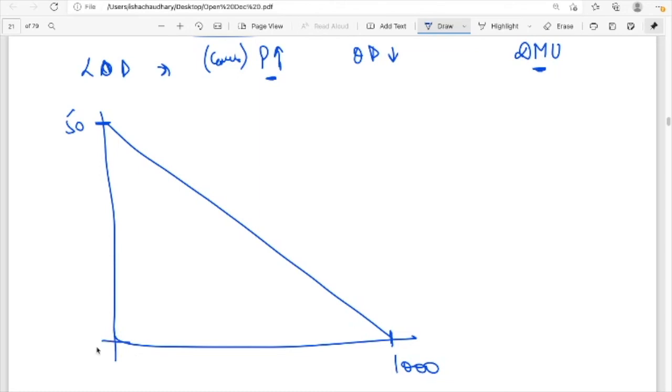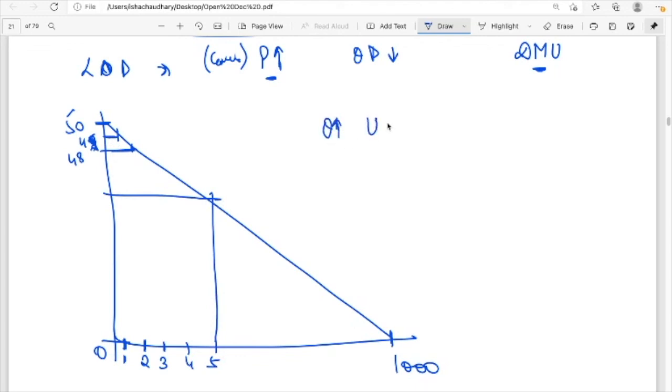For the first quantity you are ready to pay, say, 49. But when I give you the second quantity, you won't pay 49, you'll pay, let's say, 48. With every increase in quantity, third, fourth, fifth, you tend to pay a lower price, because with more quantities your utility for each additional quantity decreases, and hence your price. This is why the law of demand holds good.